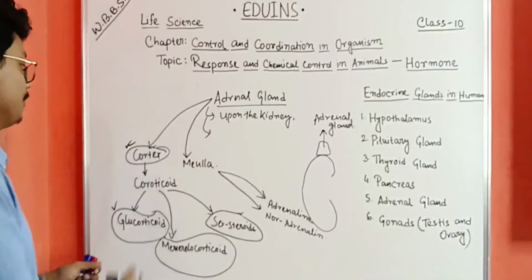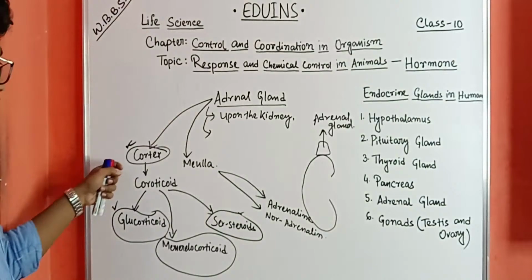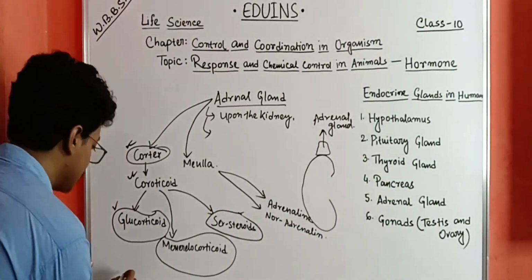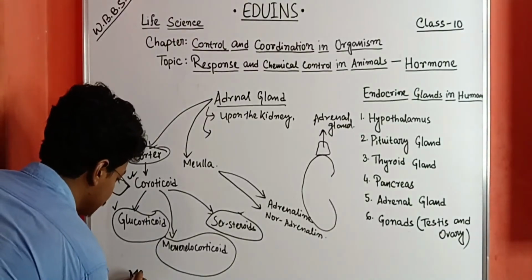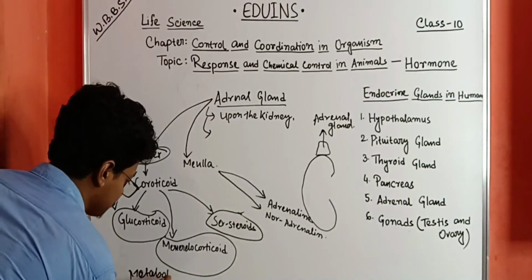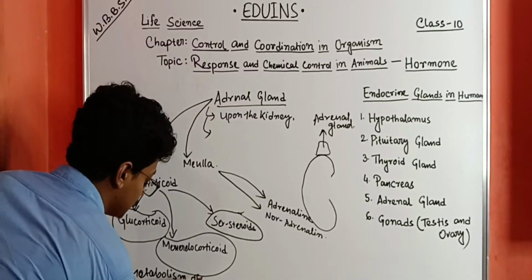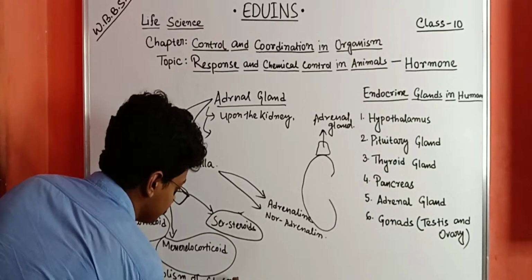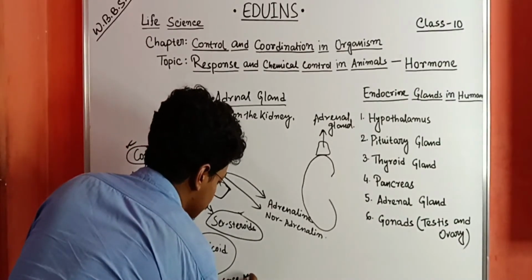These are the functions of the cortex-releasing hormones, the corticoids: basically metabolism of glucose and minerals.